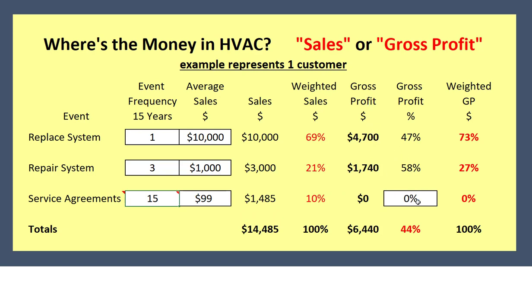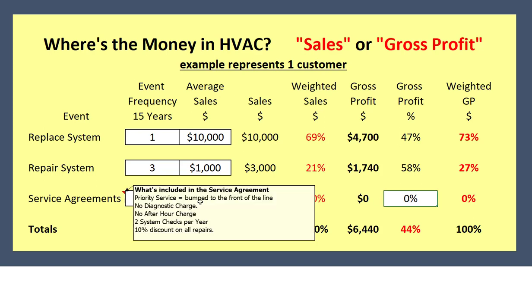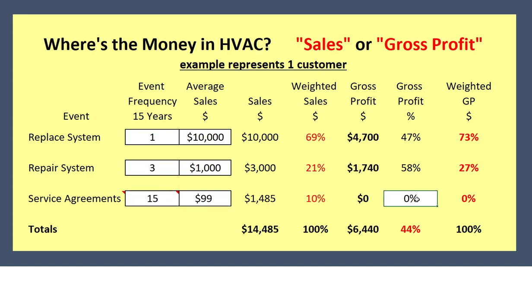Now, for my gross profit, I'm saying it's 0, because I'm collecting $99 and I have to go out there twice a year. So I'm going to be paying a direct cost just for labor alone, probably $49.50. So I'm just going to say I made no gross profit off of my service agreements at all, because I sent my technician out, and that was it. He actually didn't generate any money.